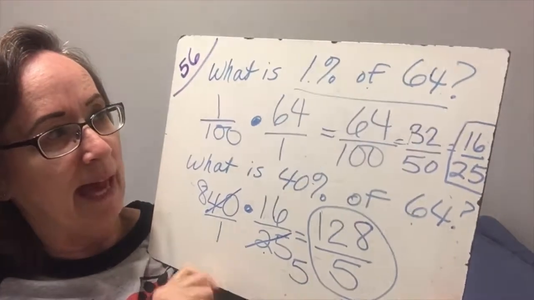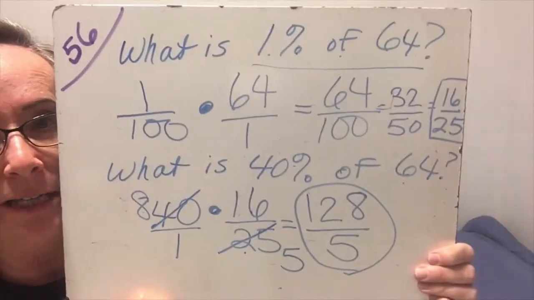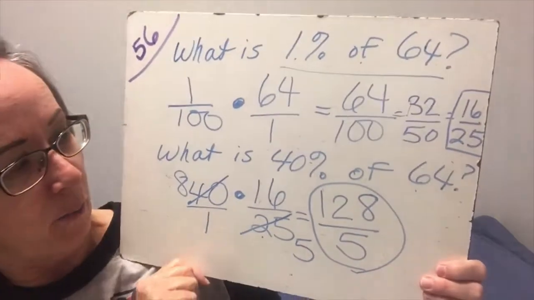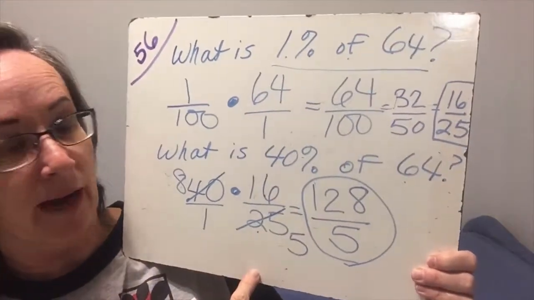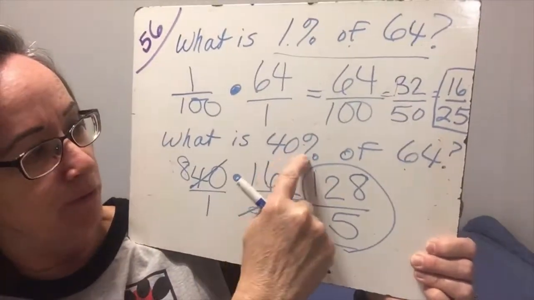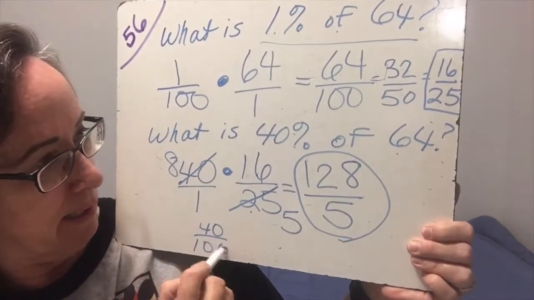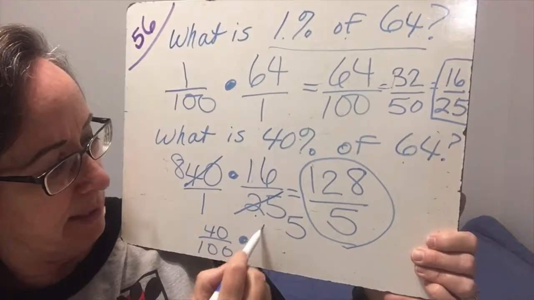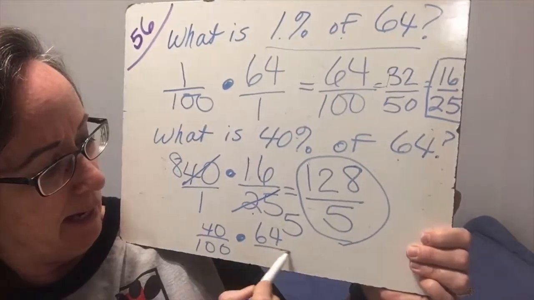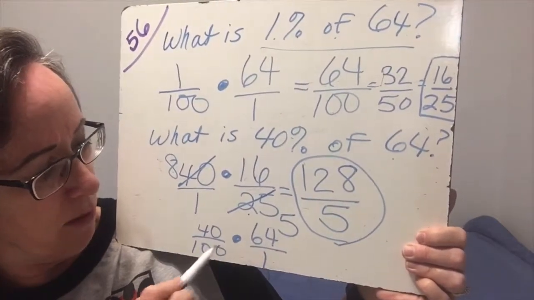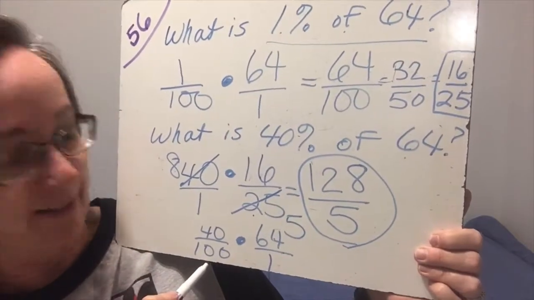Okay, so that is the first example. Or we could start this one from scratch, and we could say, okay, 40% is 40 over 100 times 64. And notice the 64 over 100 is still in there, isn't it?